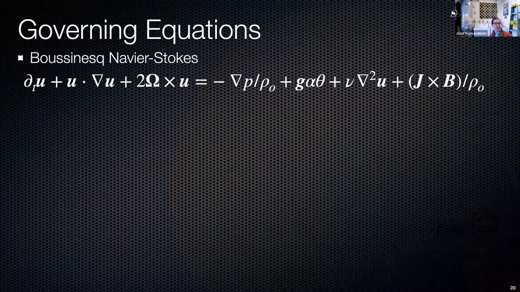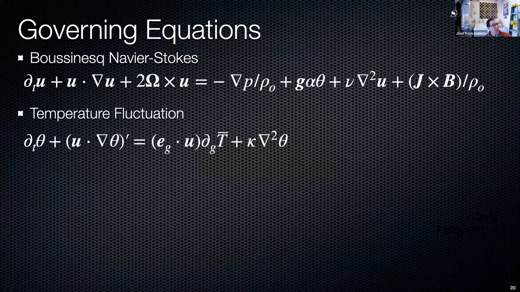Okay, here are our governing equations. We have Navier-Stokes, so solenoidal flow. We have inertia there on the left, and Coriolis, pressure term, buoyancy term, viscosity, and a Lorentz term. Then the temperature fluctuation equation. Again, we have essentially time derivative and advection for the temperature anomaly, advection of the background gradient, and diffusion.